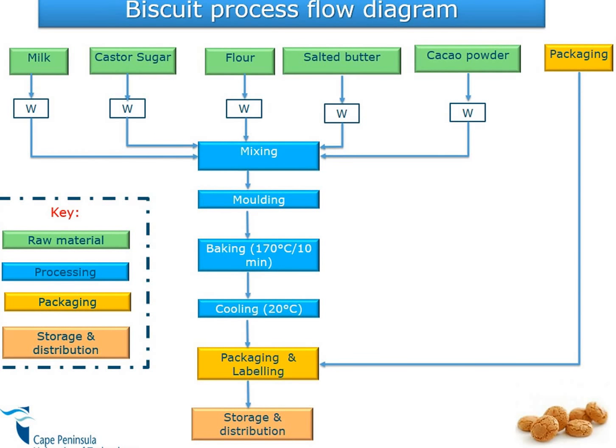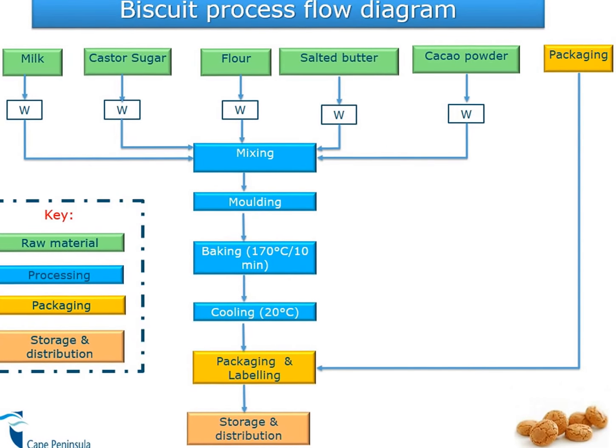I've added the key in all these flow diagrams that you're going to see, but you do not necessarily have to add the key. It's a good thing to have, but I don't think it's a requirement as long as you can indicate clearly your processing steps. You can see there's a clear logical sequence of flow of material.